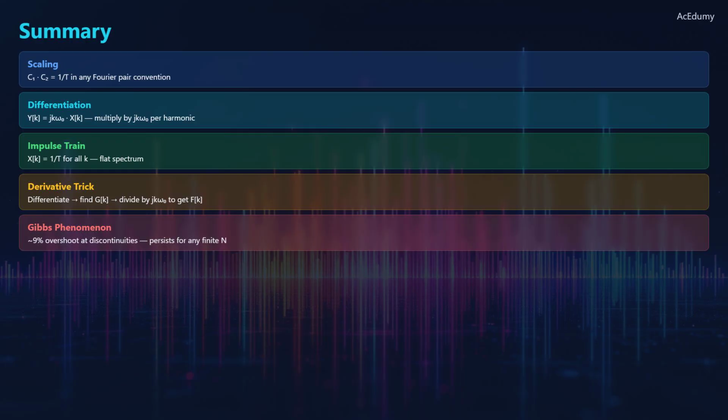X sub k equals 1 over T for all k. Fourth, the derivative trick turns discontinuities into impulses for easier coefficient computation. And fifth, truncated Fourier series exhibit the Gibbs phenomenon, a persistent 9% overshoot at discontinuities. These tools are essential for analyzing any periodic signal in engineering.